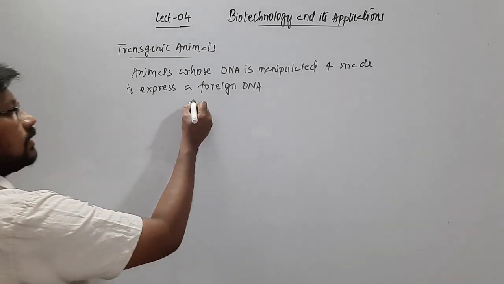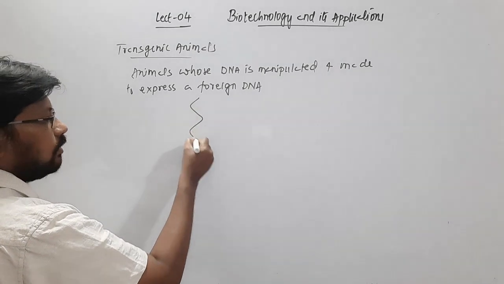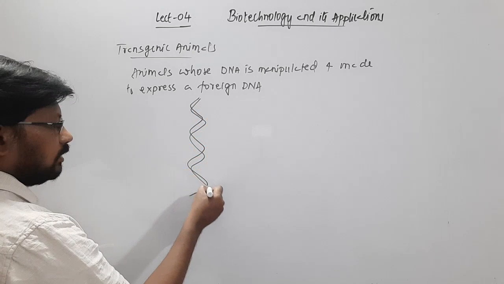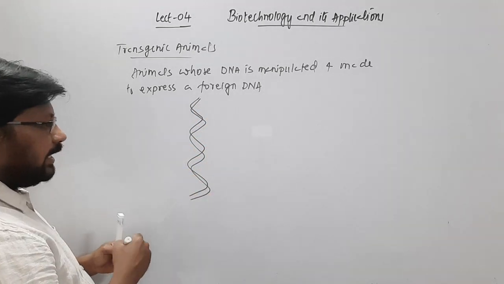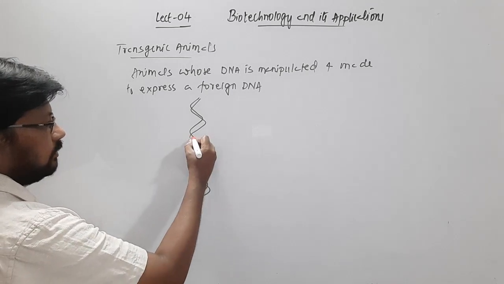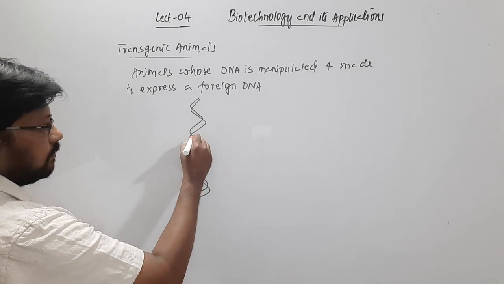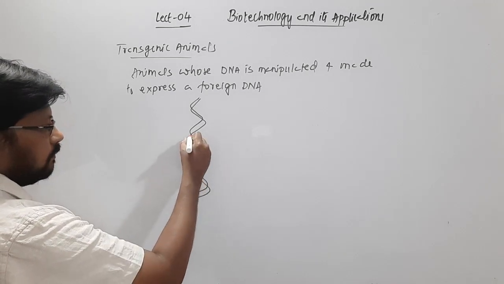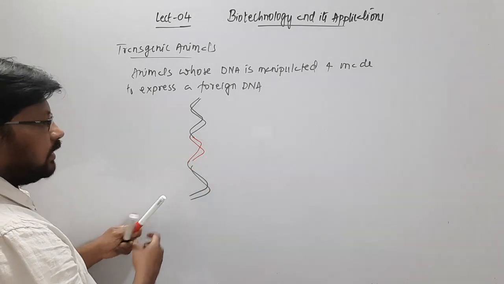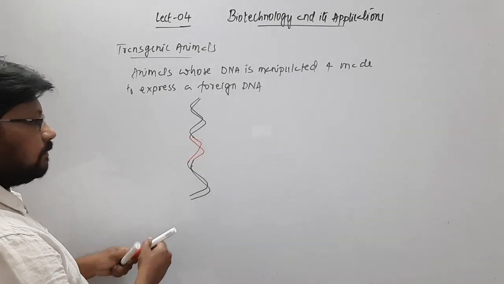Just like when we see here the DNA molecule of that animal. This is the DNA molecule of the animal, and now what I did is I introduced a foreign DNA into this. You can see here we have introduced that foreign DNA.